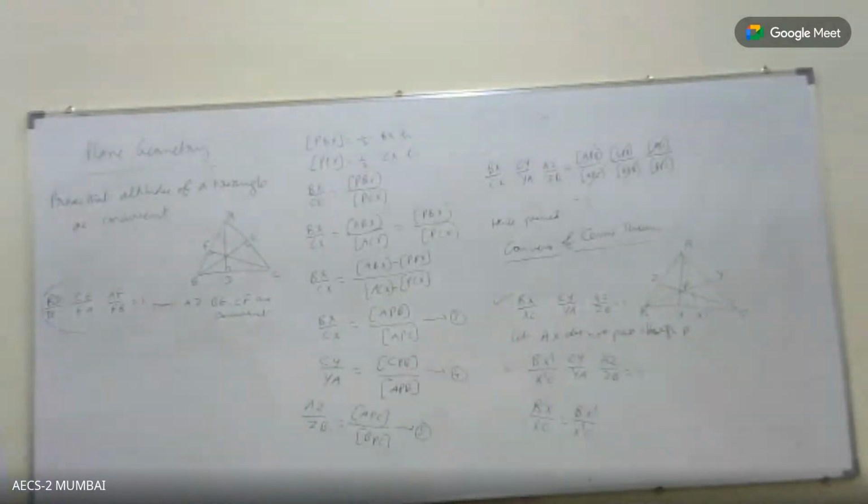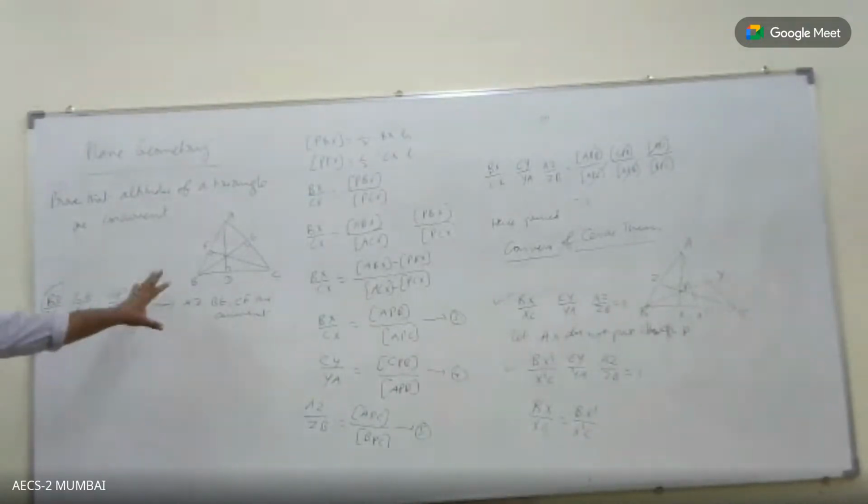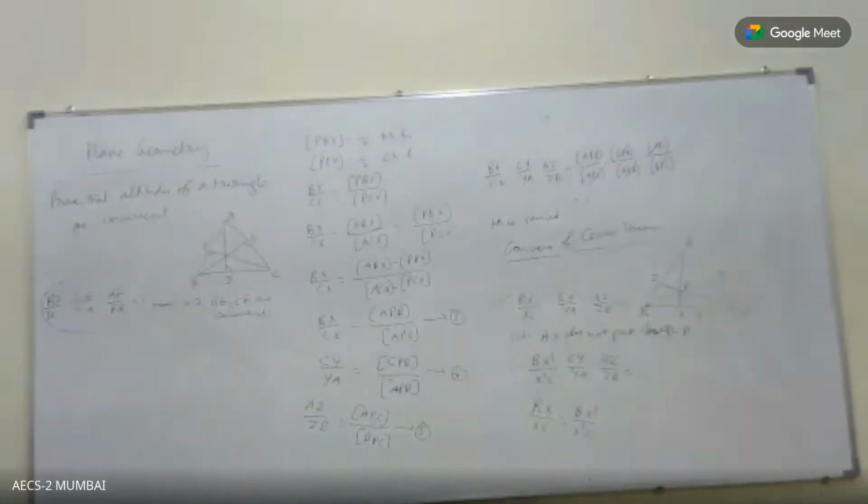That makes sense by using the converse of Ceva's theorem, right? So my thought process will be to prove that the product of these ratios is equal to 1.